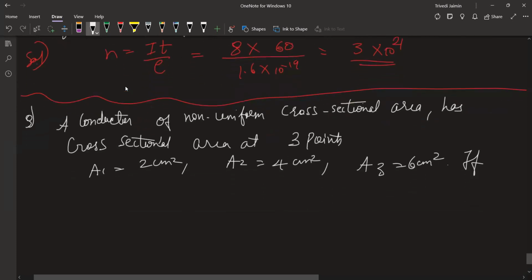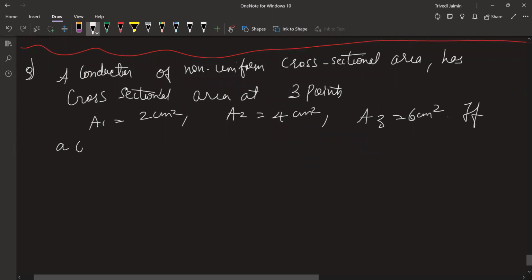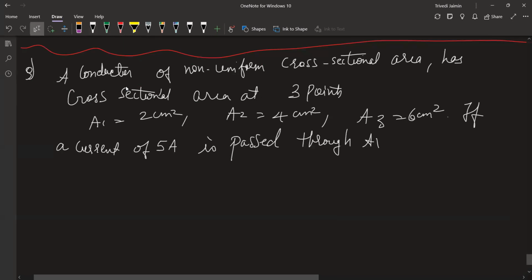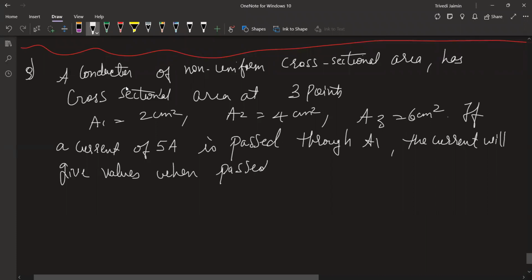If the current of 5 ampere is passed through A1, the current will be, give values when passed through A2 and A3 respectively.